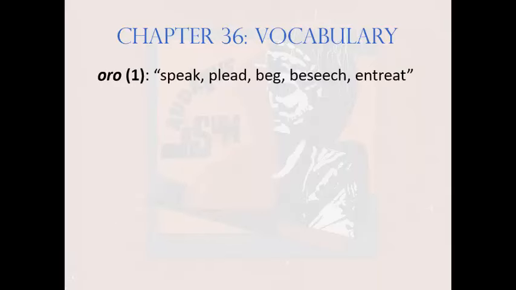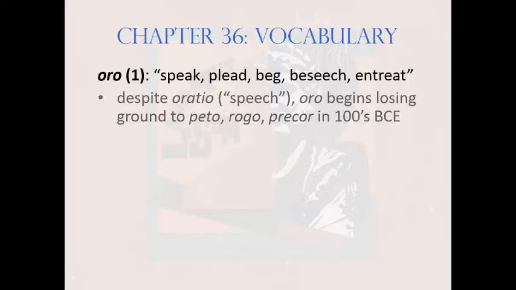And the last word on this vocabulary list is oro, first conjugation, meaning speak, plead, beg, beseech, or entreat. A word with a fascinating history. During the classical age, oro began to fall out of fashion, despite the fact its abstract noun oratio, meaning speech or oration, was still being widely used.